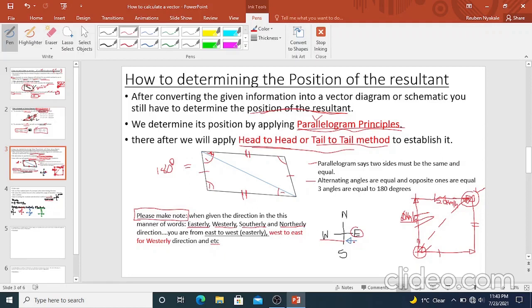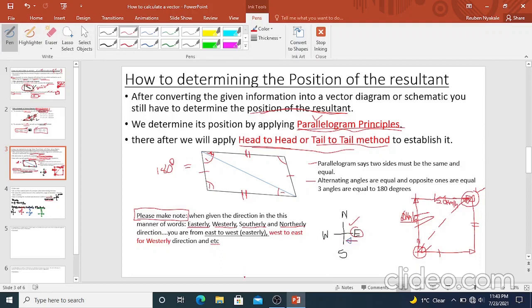If they are saying it's an easterly wind, you know that the wind is blowing from east to west. Now in the exam, they might say to you, depict or draw the easterly direction. Then this is what you need to write here, as I've written there, indicating that it is the direction from east to west.